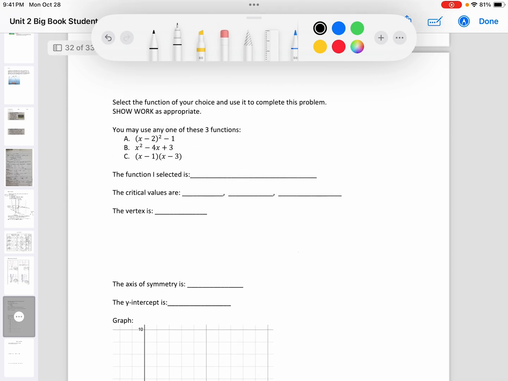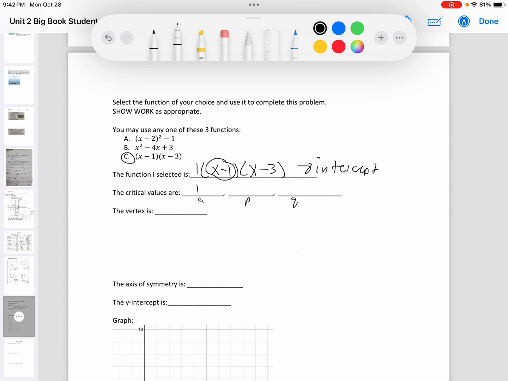Okay, so the final form of this function is (x - 1)(x - 3). This one is in intercept form. For intercept form, the critical values are a, p, and q. With this one again, a is going to be 1, p will be 1, and q will be 3, because what's on the inside of the parentheses we take the opposite of.